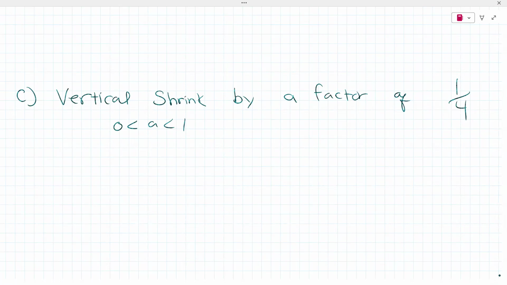So I think it's just going to be, let's call it y equals, I think it's just going to be 1/4 absolute value of x. That's it. Okay, because we know that 1/4 is technically less than 1, but greater than 0. So that's how I know it's a vertical shrink. And if the a value is greater than 1, you will have a vertical stretch. Okay, does that make sense? Good.